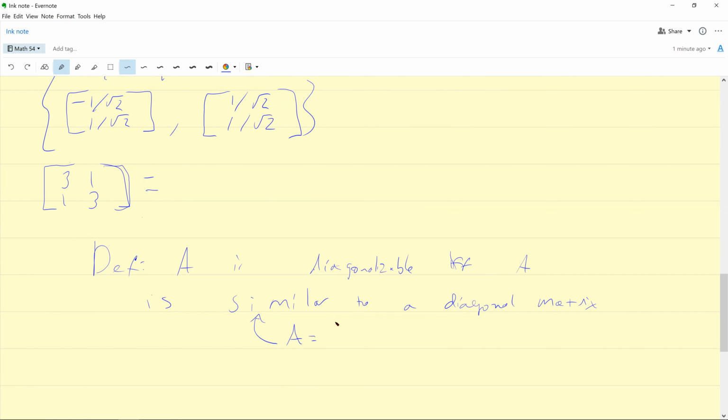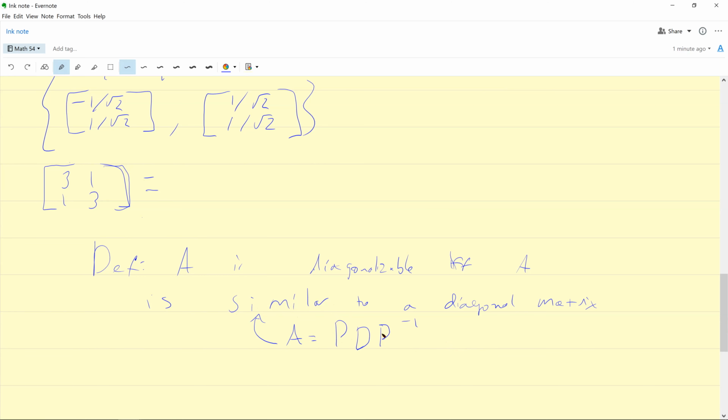Okay. Wait, can you repeat that? Yeah, so intuitively, what similar means is that it's the same transformation, but with respect to some other basis. And formulaically, that means we have some invertible matrix P where A is equal to PDP inverse.